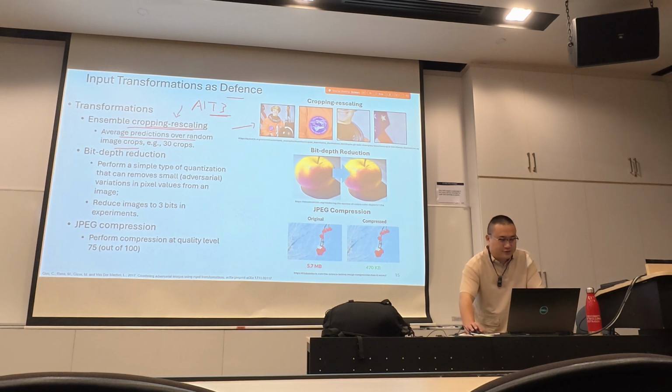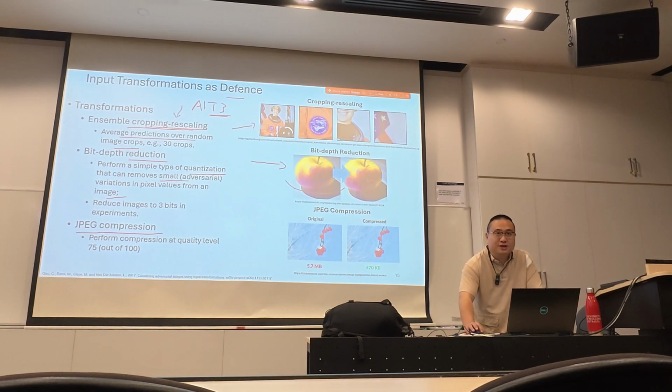We can also use bit depth reduction. We can perform a simple type of quantization that can remove small details from the image. Here's an example: given the image of an apple, we just reduce the details of the apple. The next one is JPEG compression.